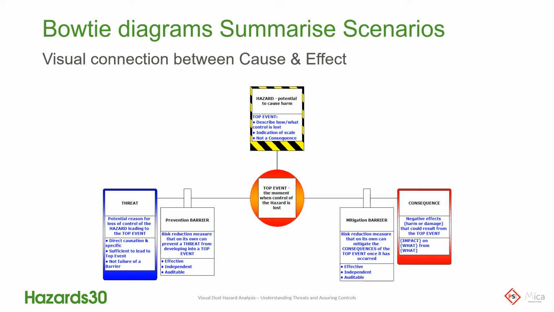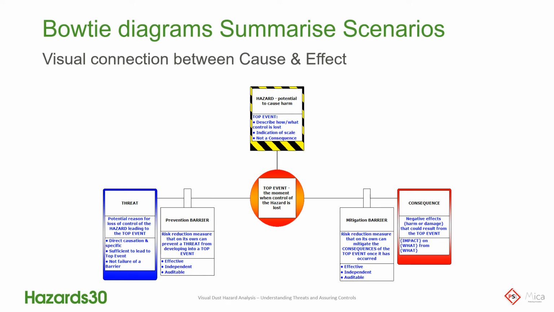Reading from left to right, the threat, the initiating event, the cause of the top event could be for many reasons. It could be some equipment malfunction, it could be some error, some external issues. So the threat escalates or passes left to right towards the top event, and we have prevention barriers in place that slow or stop that escalation so we don't lose control, we don't have the top event.